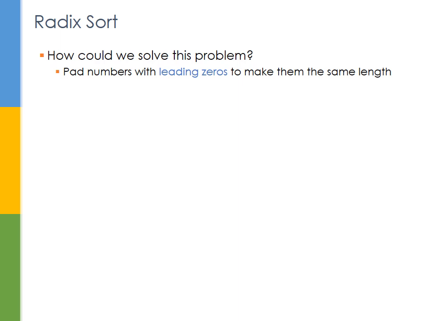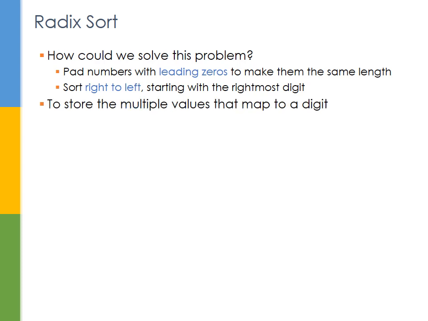And we'll do this by padding each number with leading zeros to make them all exactly the same length. In other words, they will all consist of the same number of digits. Then the second modification that we need to make is that we will sort from the rightmost digit to the leftmost digit instead of from the leftmost digit to the rightmost digit.